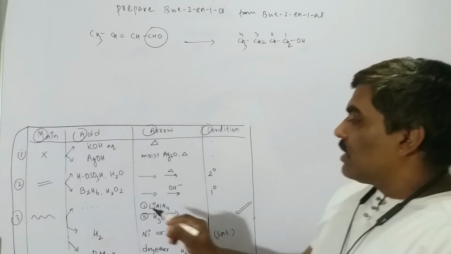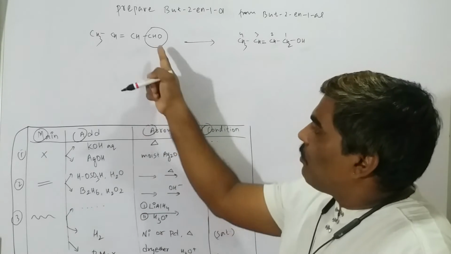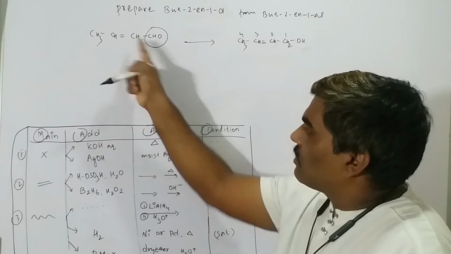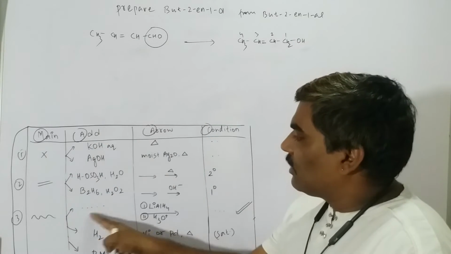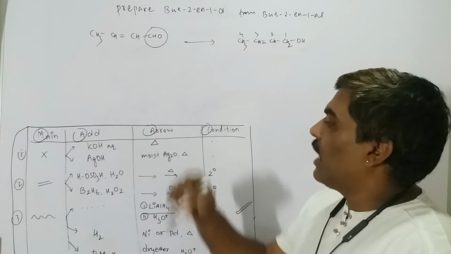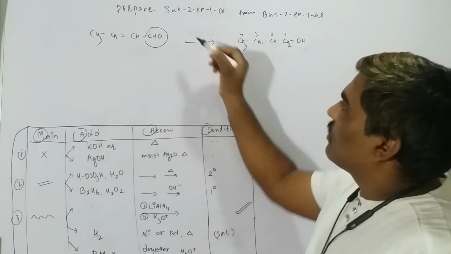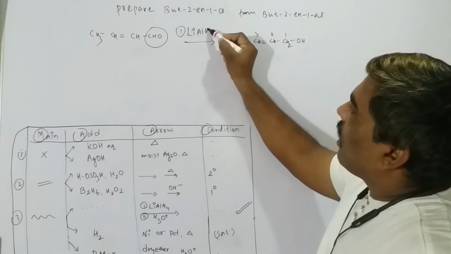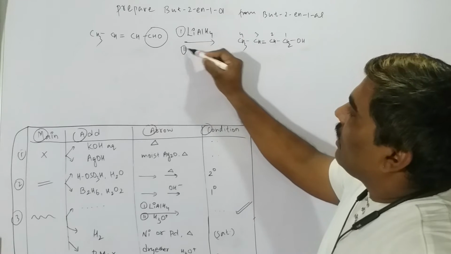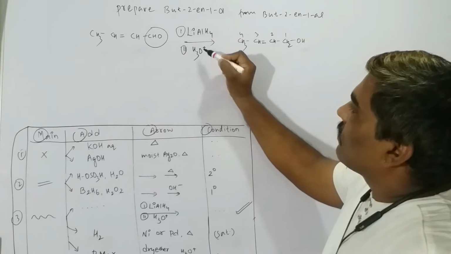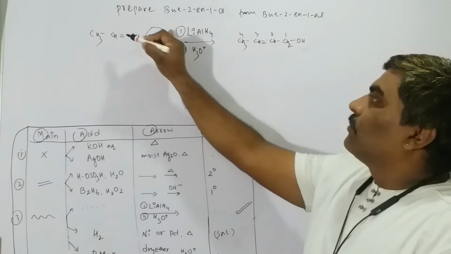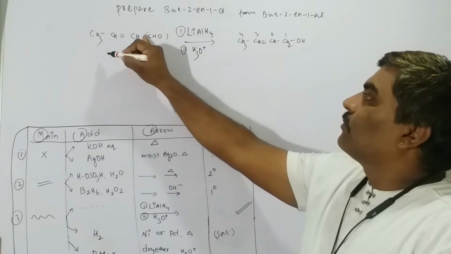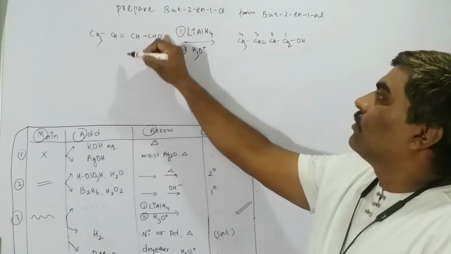Means, what is there in add? See, this is your main material. Add, nothing I have given here. So don't add. Directly you write this lithium aluminium hydride and this H3O plus. No need to write now.